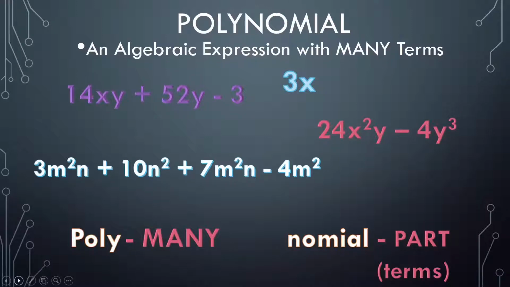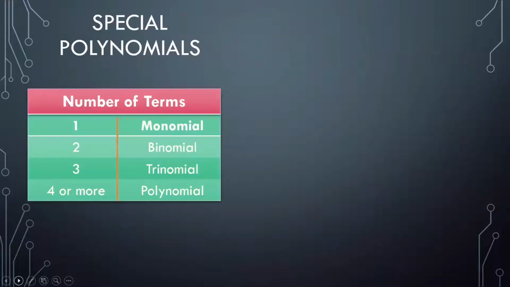Okay, so now that we've gotten down what is a polynomial and that it can have different numbers of terms, we have special types of polynomials. We classify the type based off the number of terms. 1 term we call a monomial. Mono means 1.